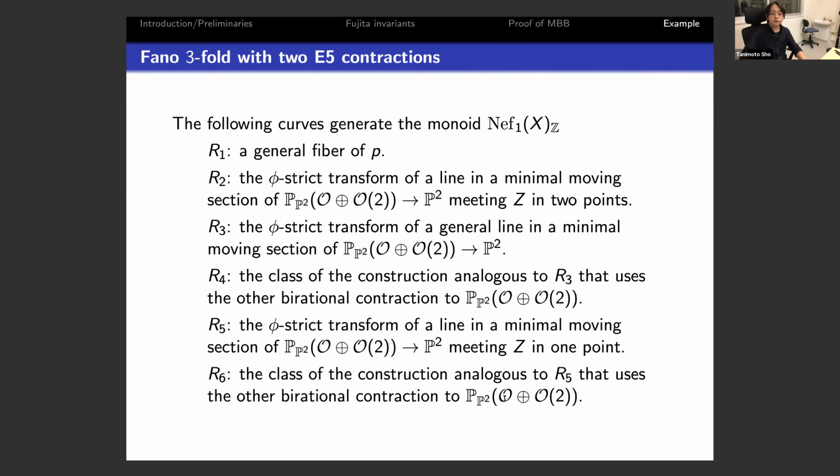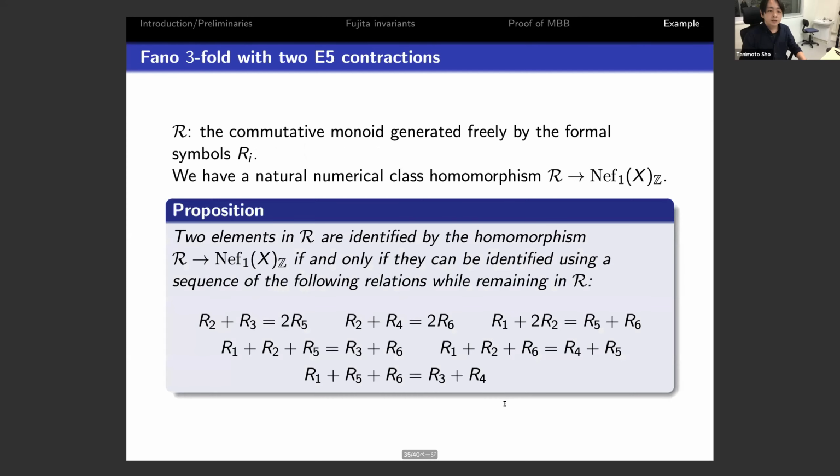And then R6 is the class of a construction analogous to R5 that uses the other birational contraction to a projective bundle. Anyway, you don't need to remember these. We have some curves, and one can prove that these curves generate the monoid of Neff curves. Now let R be the commutative monoid generated freely by these formal symbols, R1 to R6. And then we have a natural numerical class homomorphism from R to the Neff monoid.